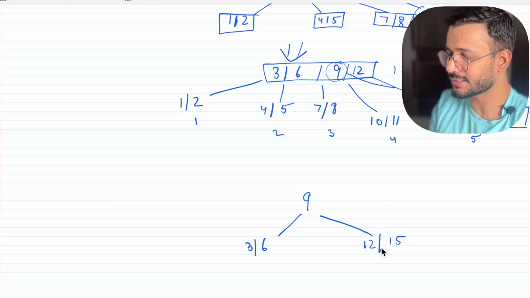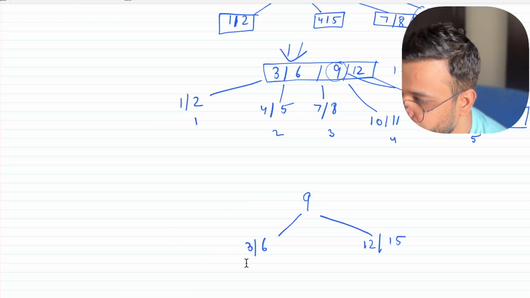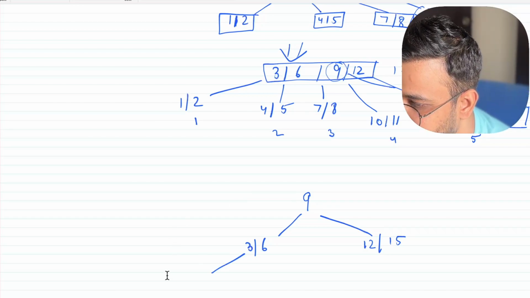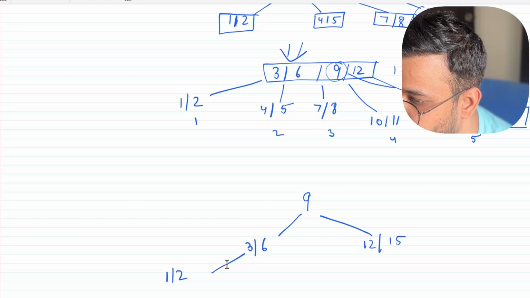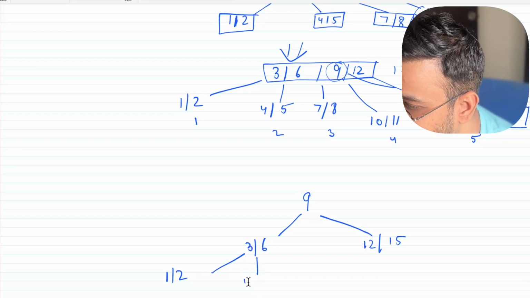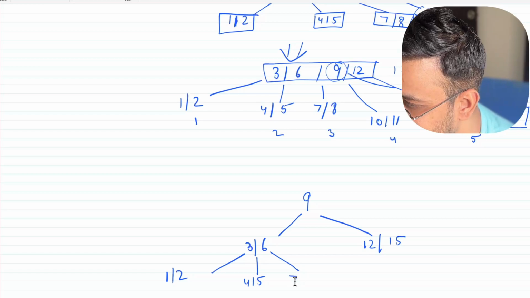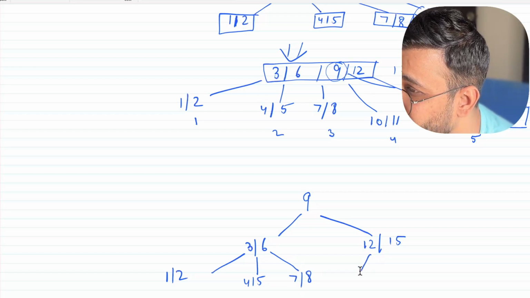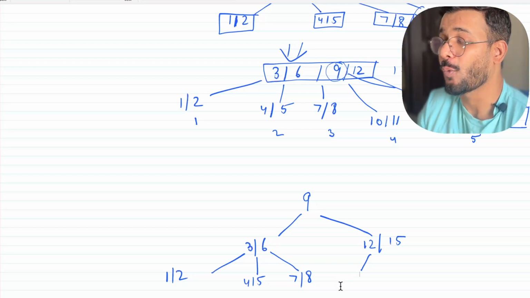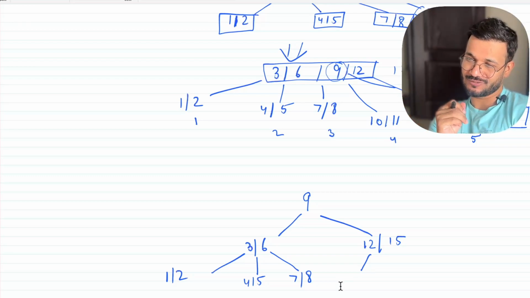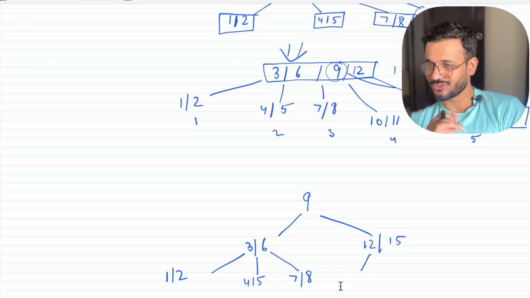Then we will construct the leaf level children. In this case, we will have 1, 2, 4, 5, 7, 8, left of 12. What will be now the left of 12? Now that is a tricky question for you guys.